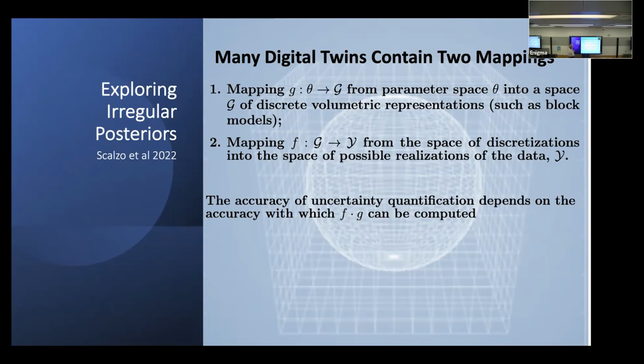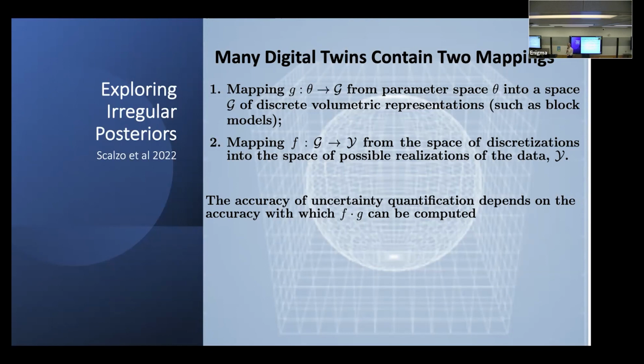And the accuracy of our uncertainty quantification in this will depend on the accuracy with which we can compute these things. So this led to a paper that we just published last year, which was actually not called Exploring Irregular Posteriors. It was called Blocklets. I've got the true title on the other name. And what we did there is something that we should have done ages ago, which was we actually thought of the most simple thing we could find, which was, let's imagine going back to the geothermal case where our structure that we want to find is just a sphere, and that's all.